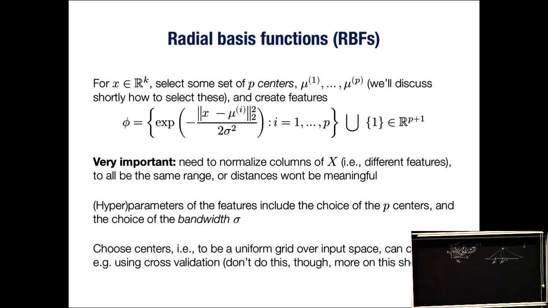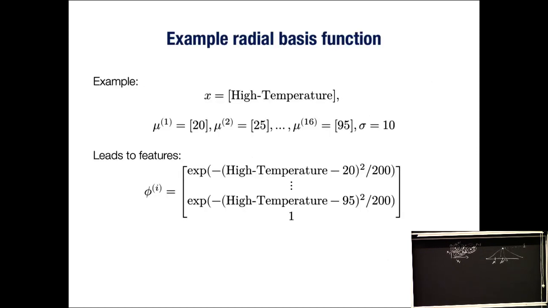Okay. So now how do we pick the centers, and how do I pick the bandwidth, sigma? Actually, first I'll give an example. If I have high temperature as my input variable, I could pick means which are 20, 25, say, evenly spaced to 95.